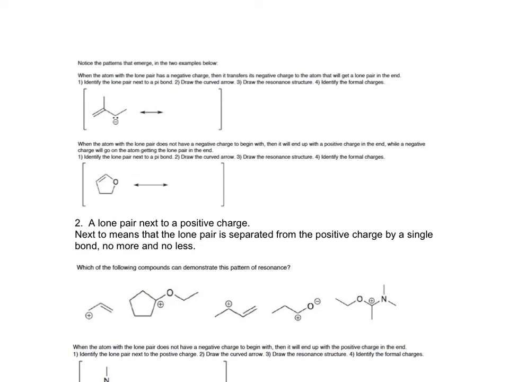So here, if we practice the pattern, we have the lone pair next to the pi bond. First I'm going to draw the curved arrow in. When I draw that curved arrow, I have to push another pair of electrons.